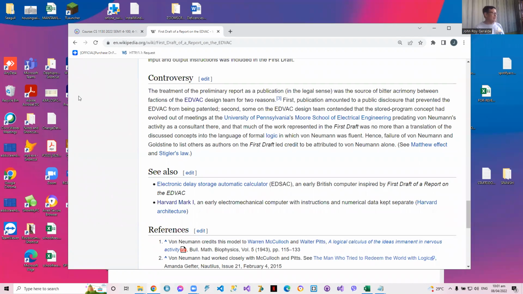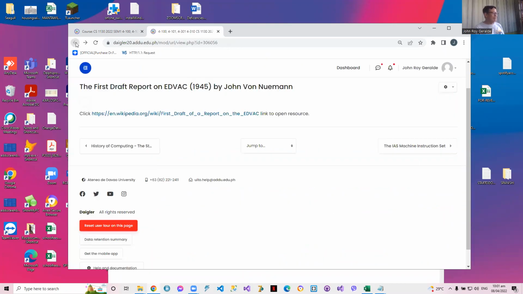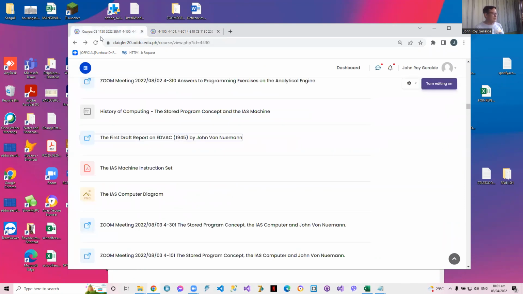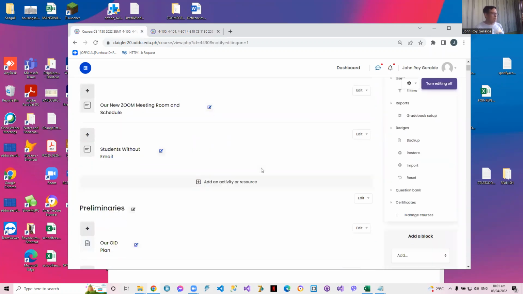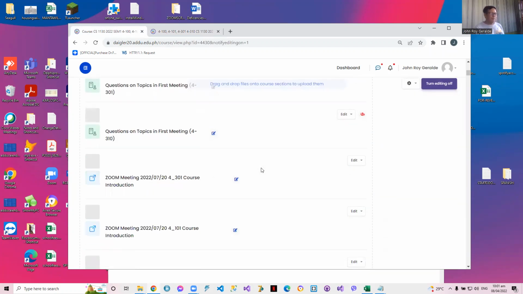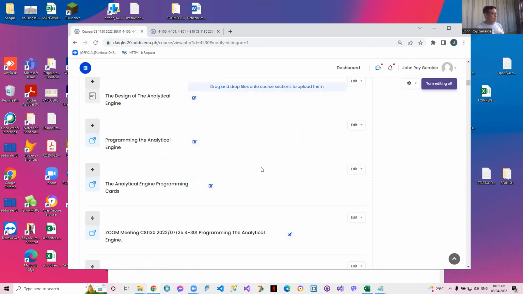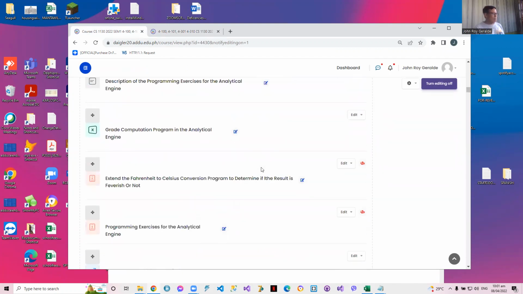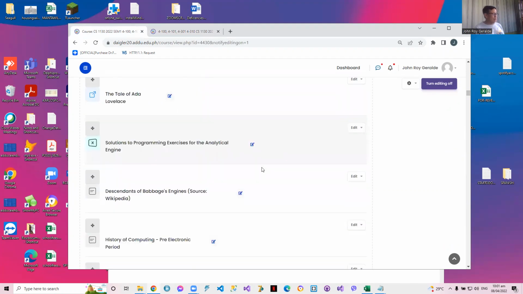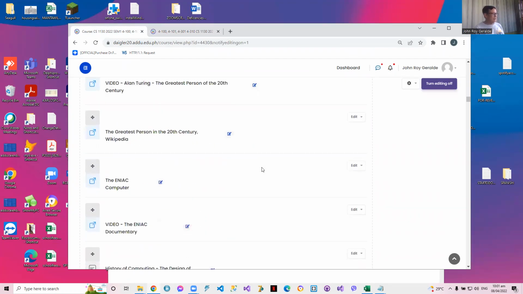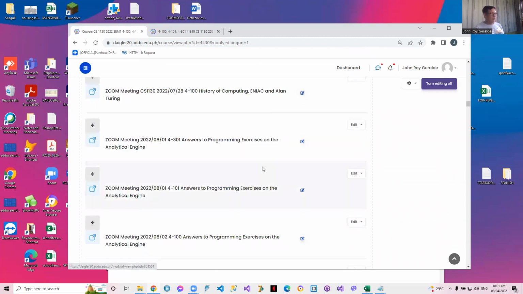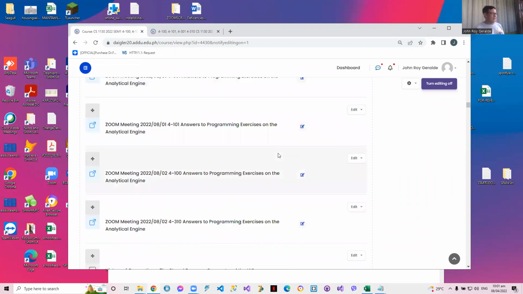We'll talk about the sequel later. So EDVAC is also another important discovery. It's easy to remember this if you know the story behind it. So from ABC to ENIAC to EDVAC to the IAS.